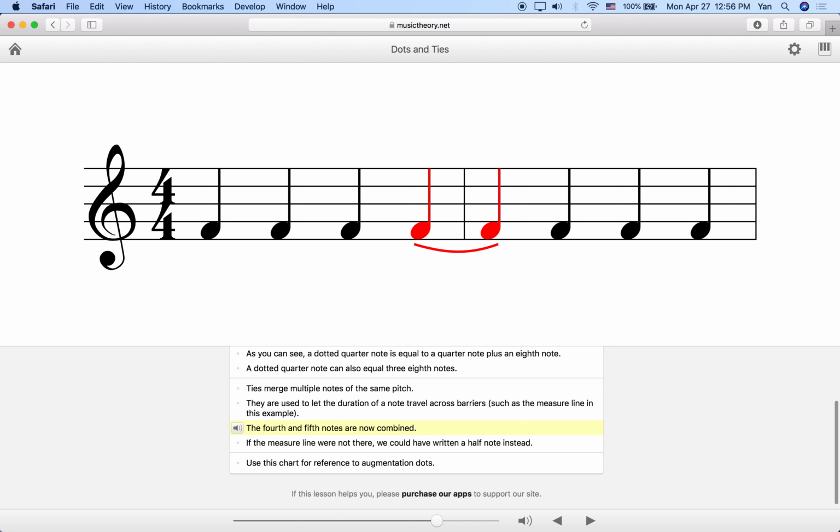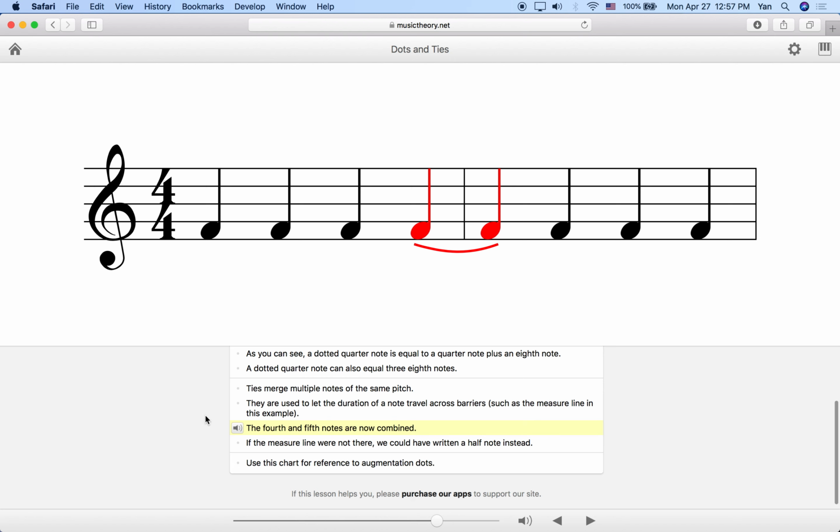Ta, ta, ta, ta, ta, ta, ta. So you saw the fourth beat of the first bar and the first beat of the second bar were just continuous. I didn't stop the ta through that. One more time. Ta, ta, ta, ta, ta, ta, ta.